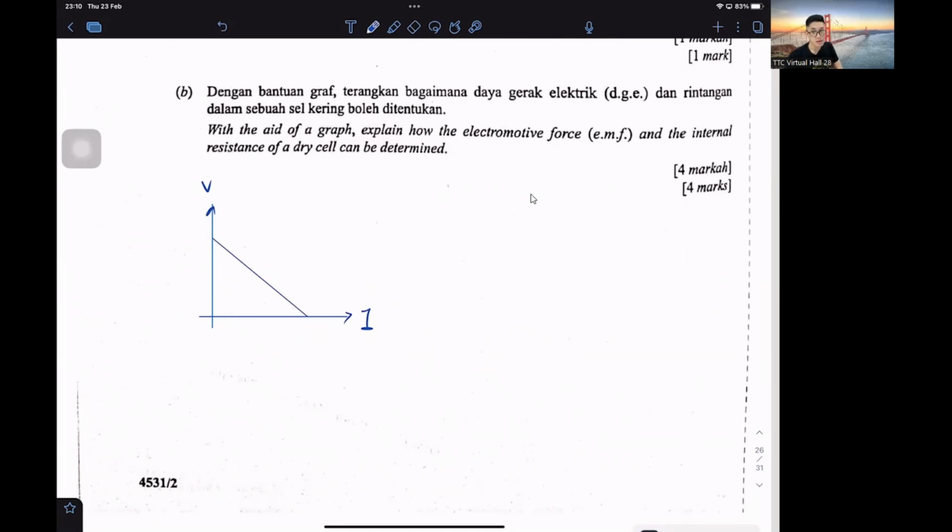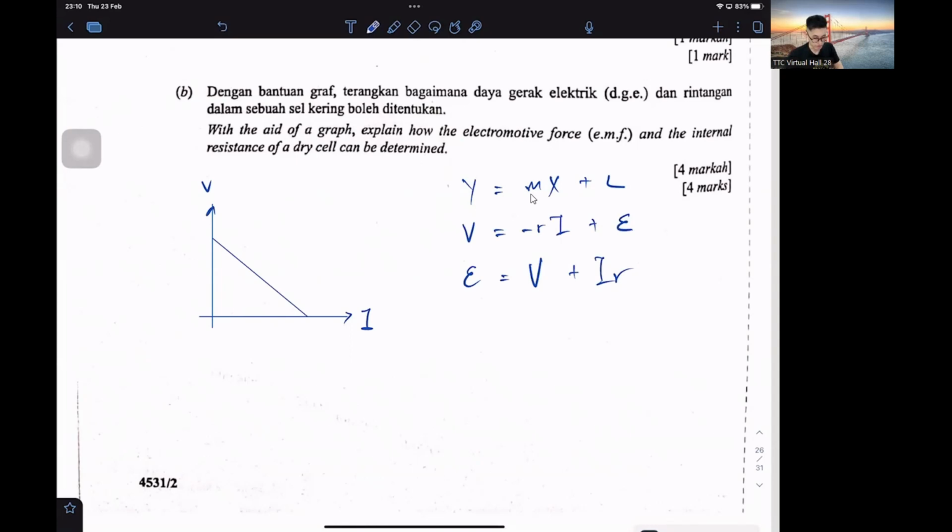So from here, because we know that y equals mx plus c, and we know that EMF equals V plus IR, from the formula sheet in front. Then you arrange it. I already arranged it many times. If you arrange it right, you will get V equals negative RI plus EMF.